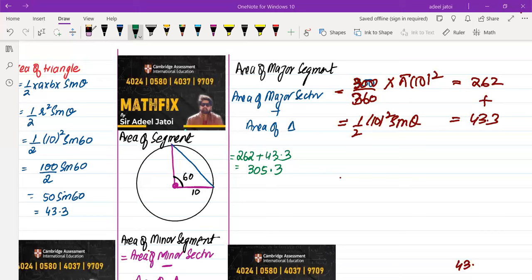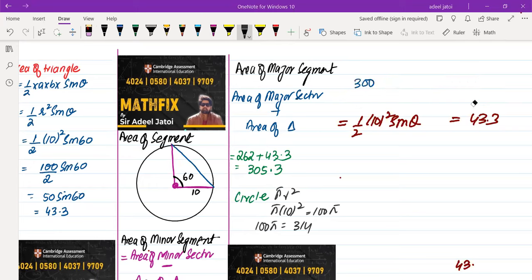Now you need to understand one thing: the minor segment and the major segment also come from the circle. The circle area was pi r square, pi 10 square, which was 100 pi. So 100 pi was 314. If we add the area of the minor segment and the area of the major segment, we will again have the area of the circle.